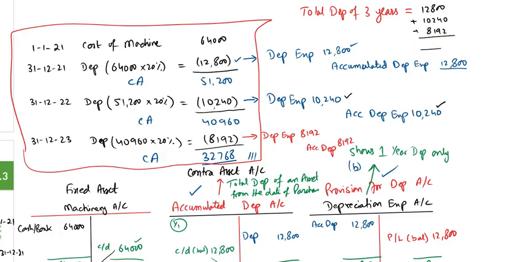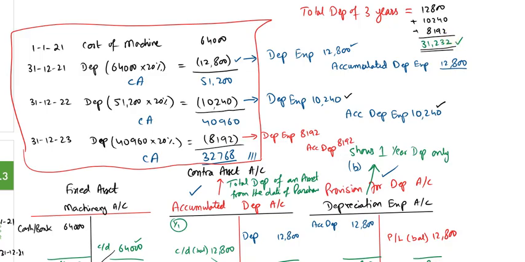So this is the total depreciation of 3 years. So what's the answer? 31,232. So this is the beauty of maintaining accumulated depreciation account.